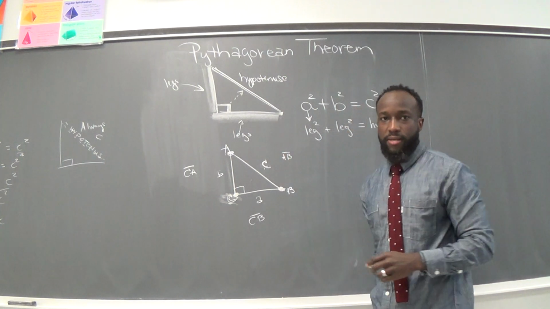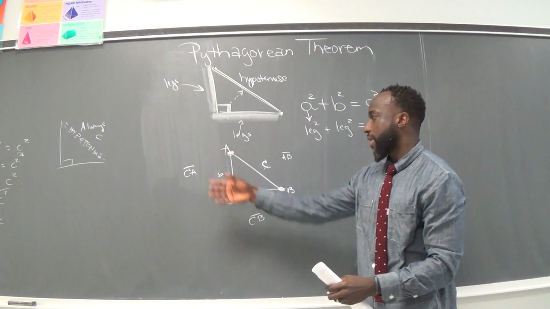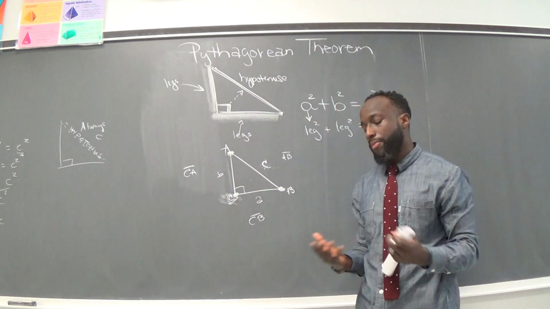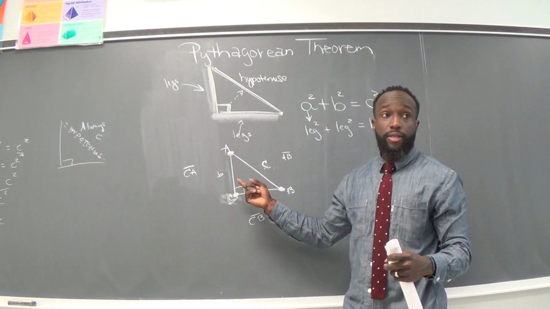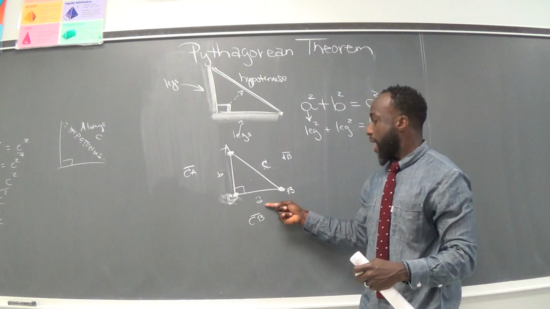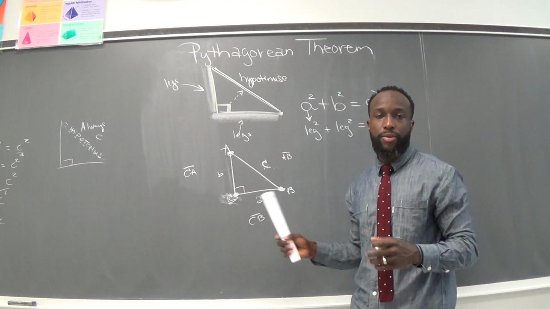Is that what you're asking? Yeah. But A, B, and C represent the measurement, right? So B is the measure of this side. A is the measure of CB, and C is the measure of AB. That's what that represents.